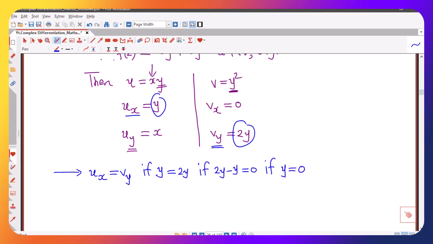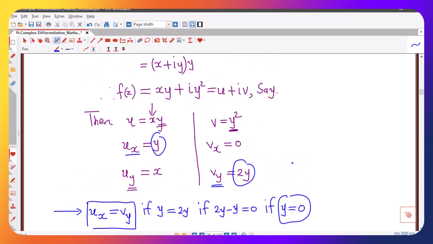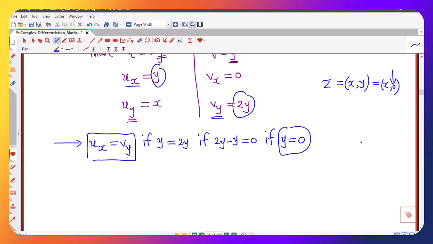This means del u by del x equal to del v by del y is satisfied at all those points z equal to x plus iy in which the y component is 0, or this equation is satisfied at all points on the x-axis. We know that at every point on the x-axis the y component is 0.